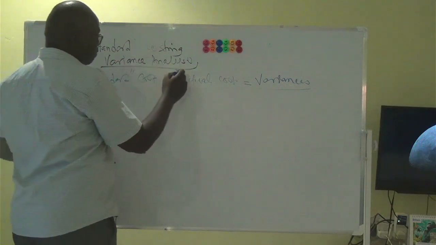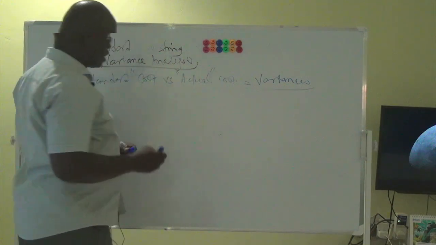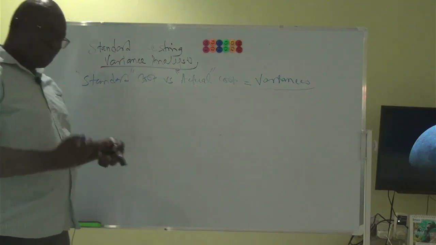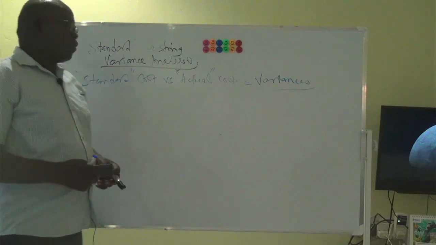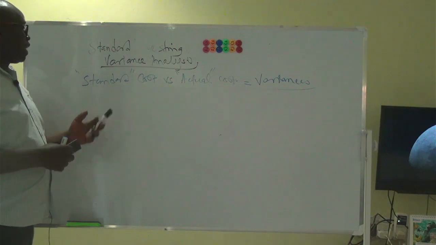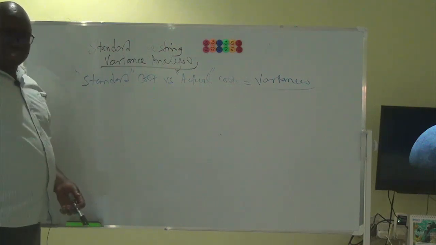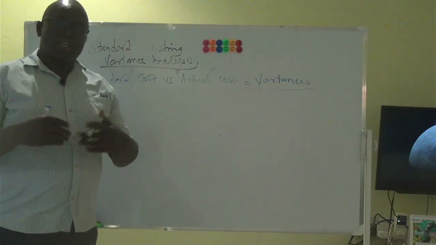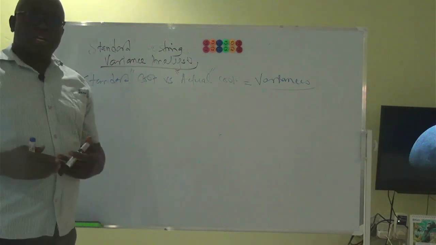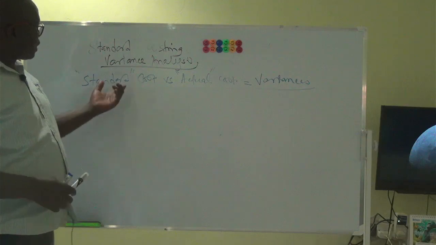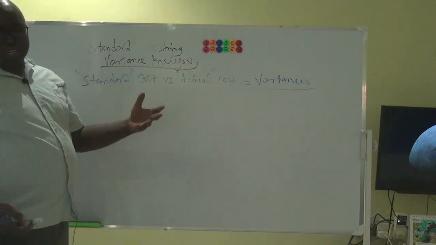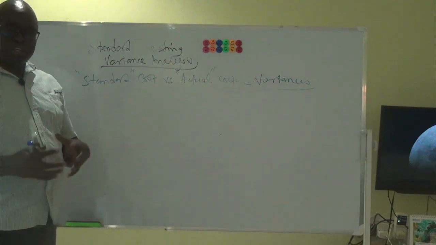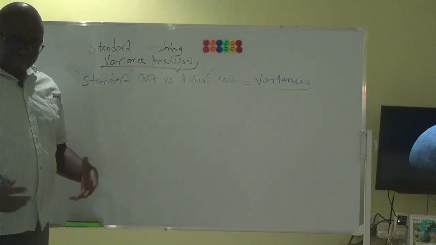Whatever we have as standards vis-a-vis the actuals, because at times we're looking at them in actual quantities and standard quantities. When we talk of standard quantities, these are predetermined quantities during the budgeting stage, some of them scientifically proven to be the best standards, like when you're mixing rice and water to make a very nice rice meal.